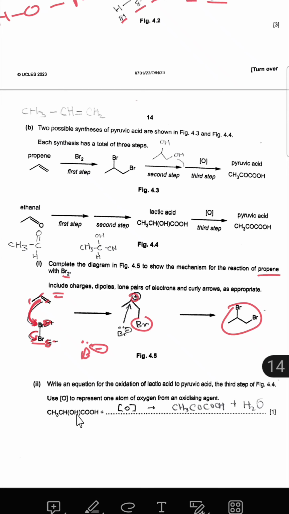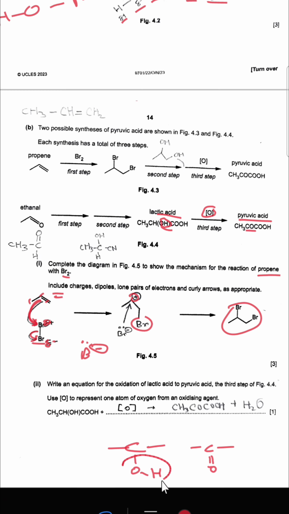Then we have to write an equation for the oxidation of lactic acid to pyruvic acid in the 3rd step. So here we can see that in the 3rd step, lactic acid is converted to pyruvic acid. That is, lactic acid's OH group is converted to a C=O group, that is a ketone.